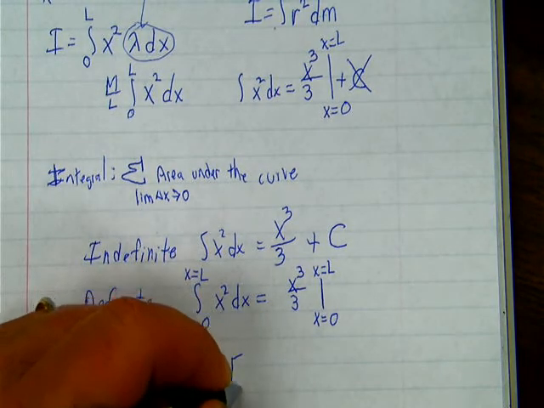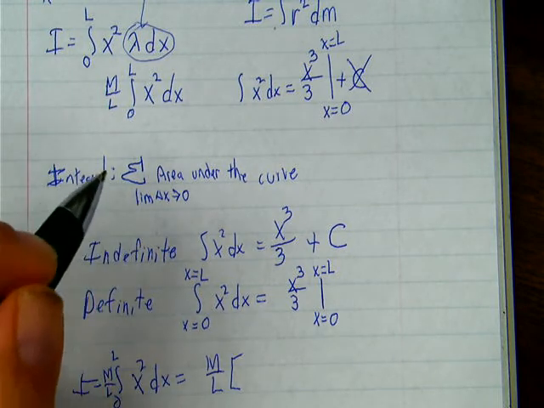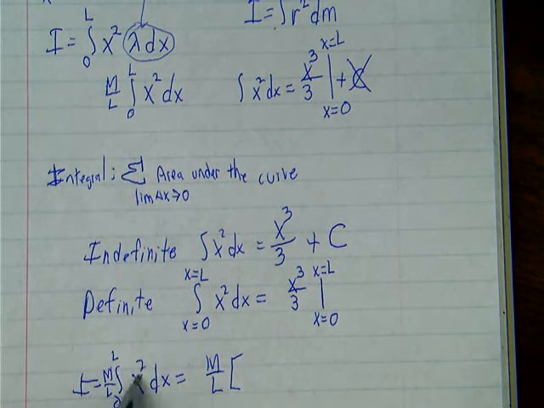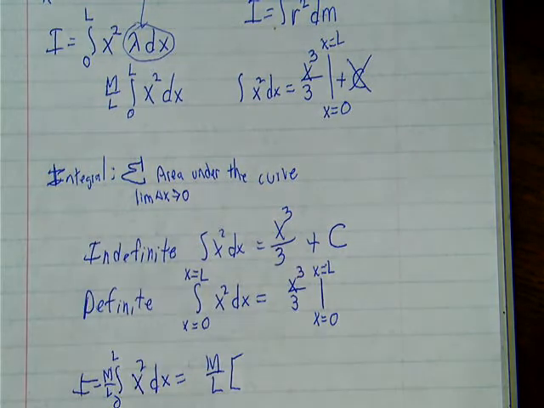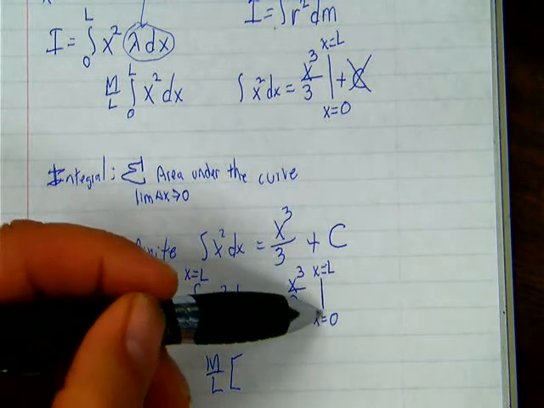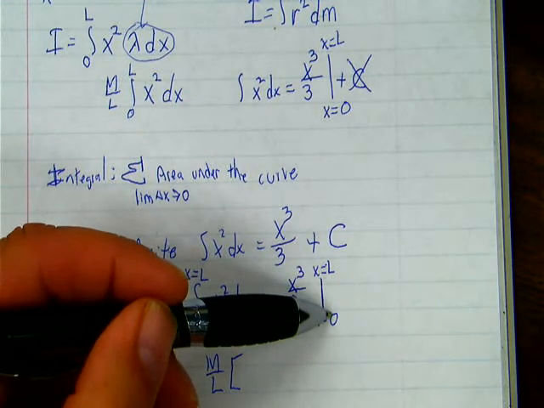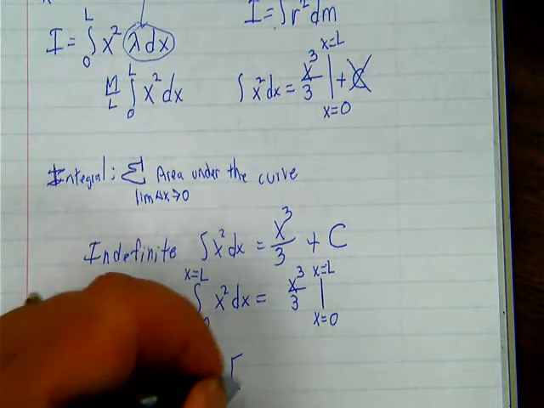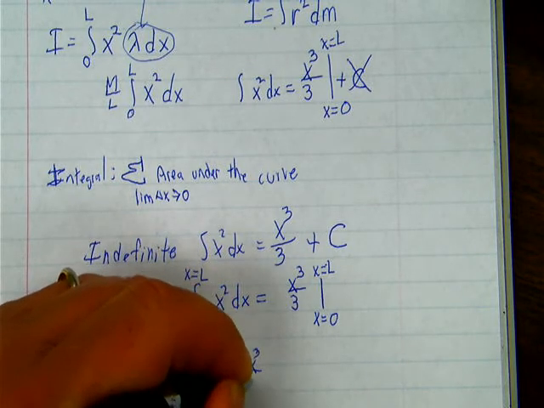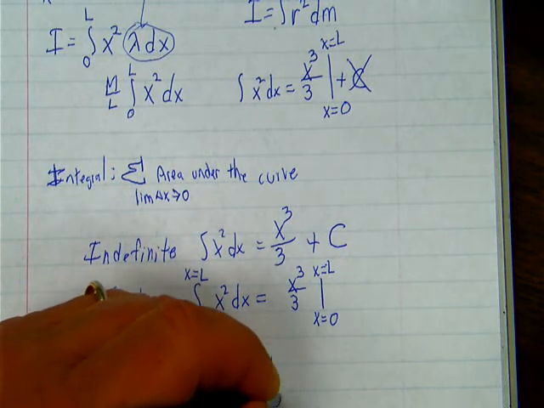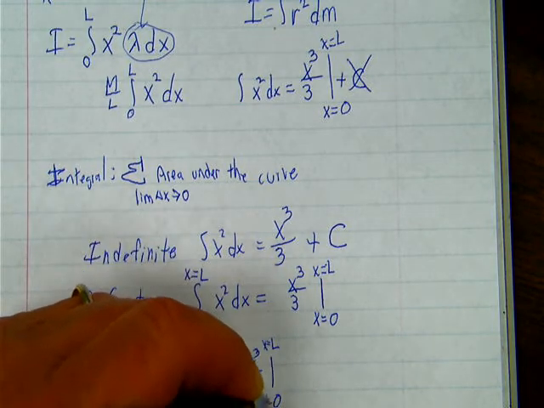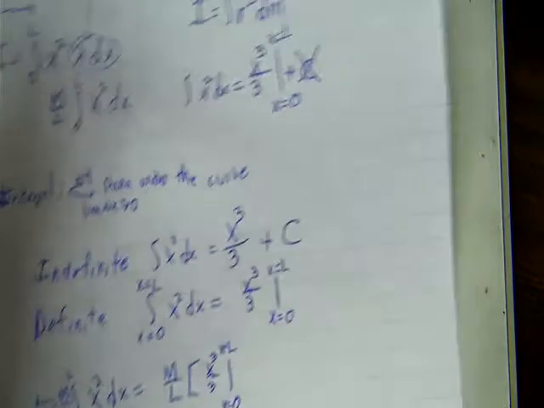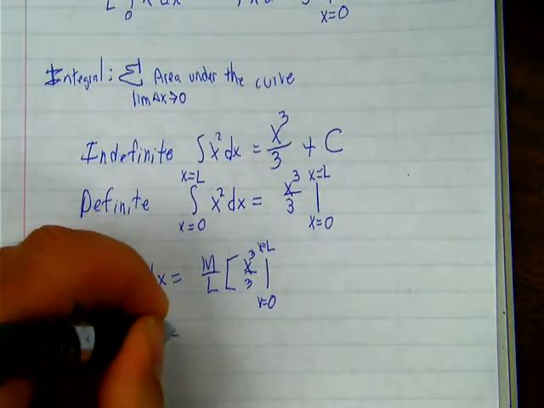times this being x cubed over 3 evaluated at x equals L minus evaluated at x equals 0. So maybe I should write x cubed over 3 evaluated between x equals 0 and x equals L. Okay, so writing it again.